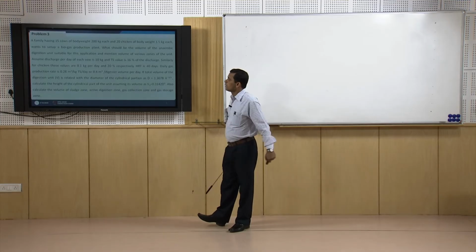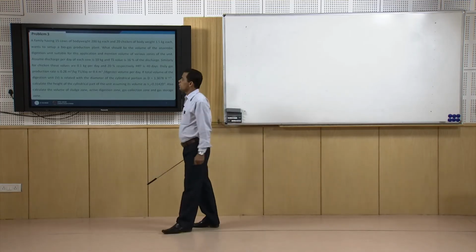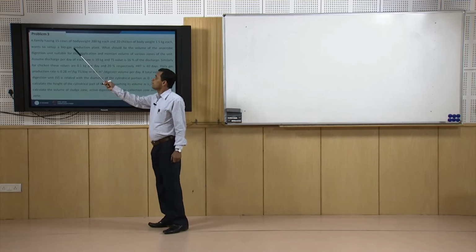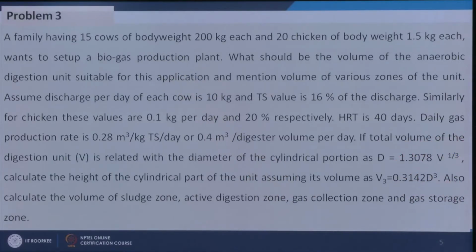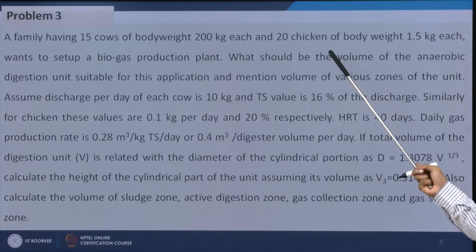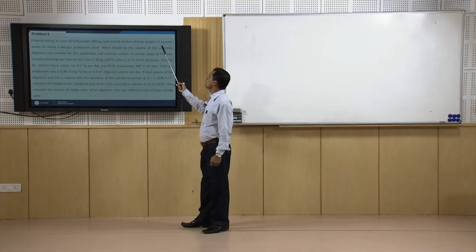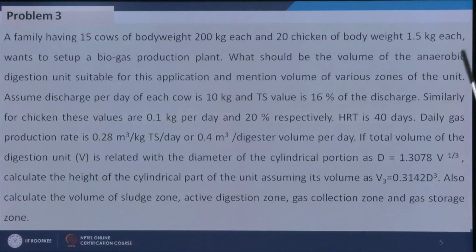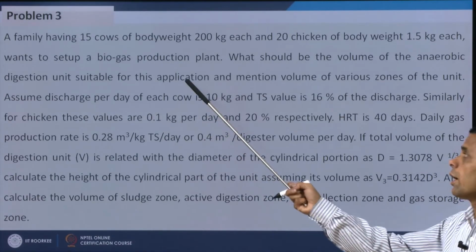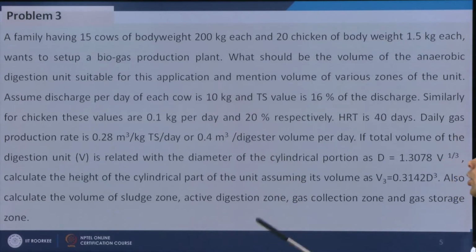Now, we will solve problem number 3. The statement is, a family having 15 cows of body weight 200 kg each and 20 chickens of body weight 1.5 kg each wants to set up a biogas production plant. What should be the volume of the anaerobic digestion unit suitable for this application, and mention volume of various zones of the unit.